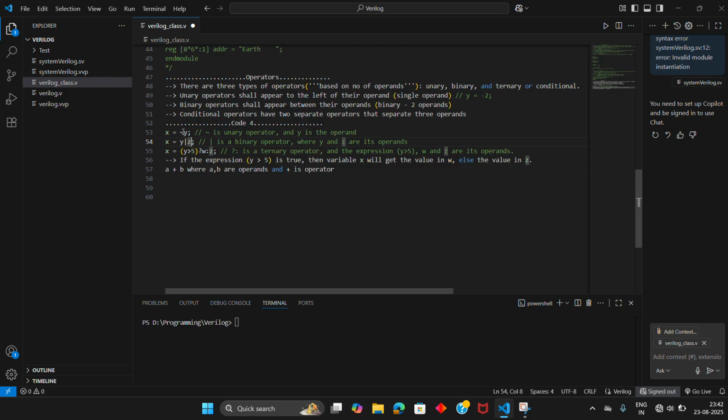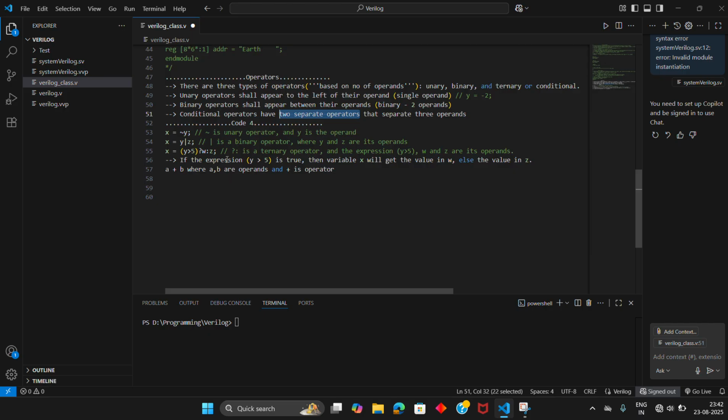Over here there is a single operator, bitwise not, and a single operand y. But in the conditional or ternary operator, there are two separate operators that separate three operands. Ternary means three. How are these three operands separated? Based on the two operators.